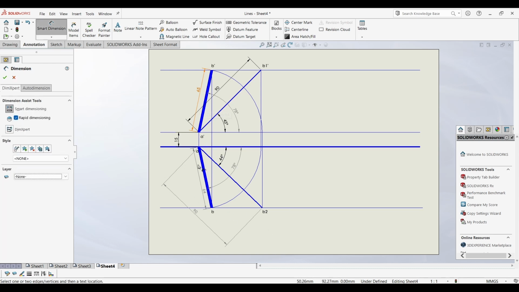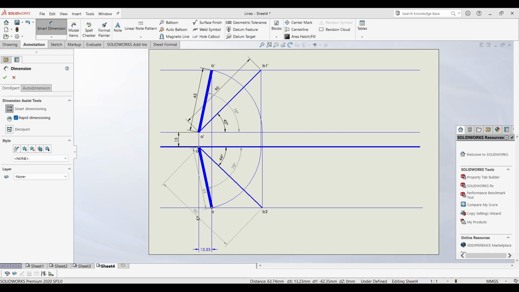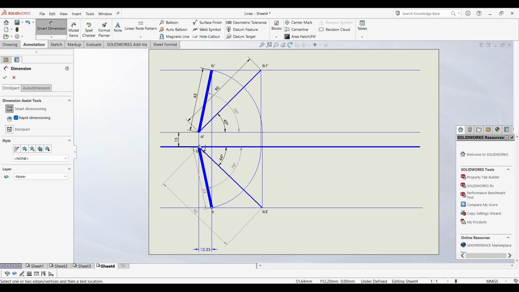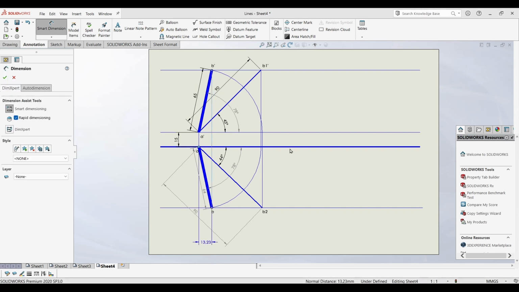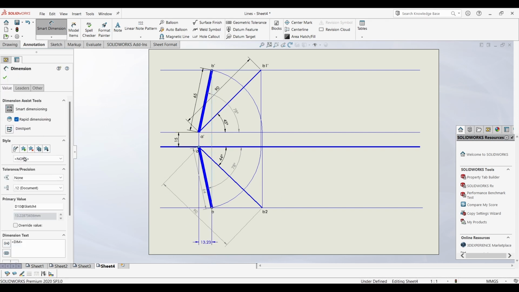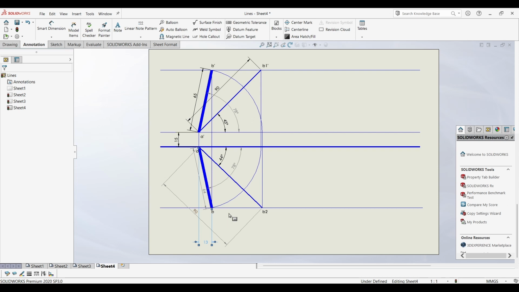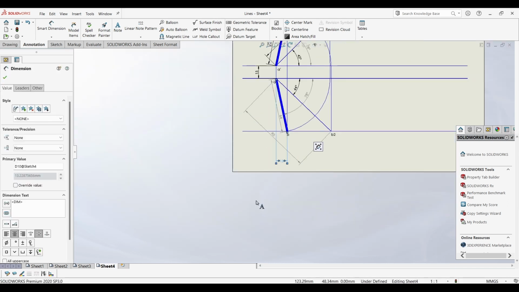One more thing that remains is the distance between the end projections, that is 13.23. Wait, let me do that again. Yes. So we are done with this question.